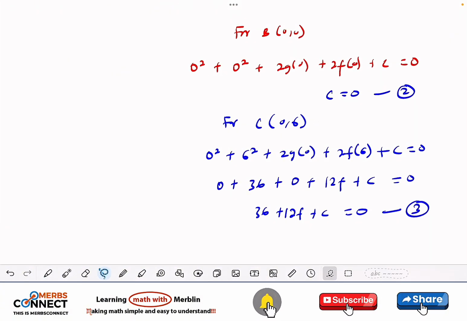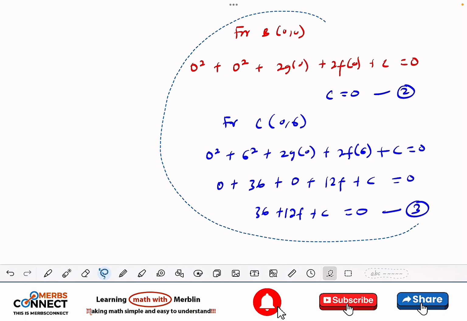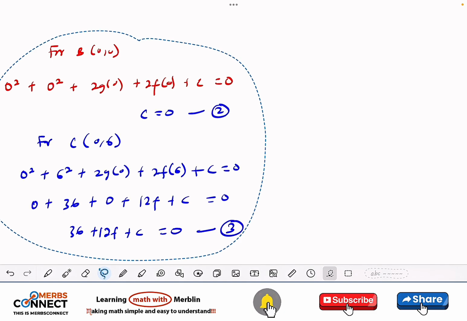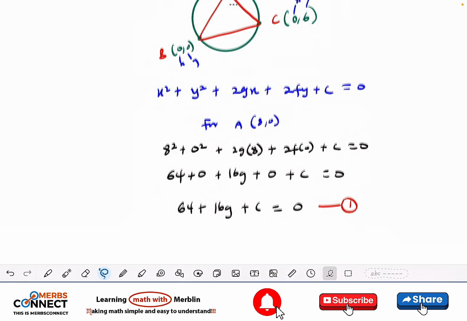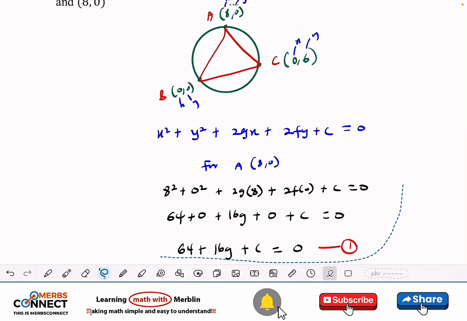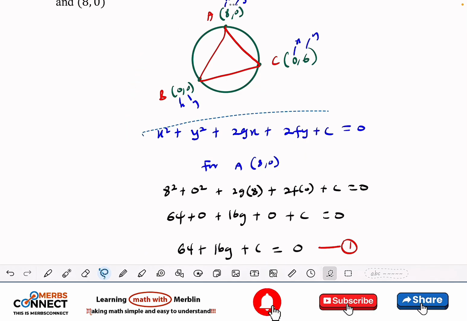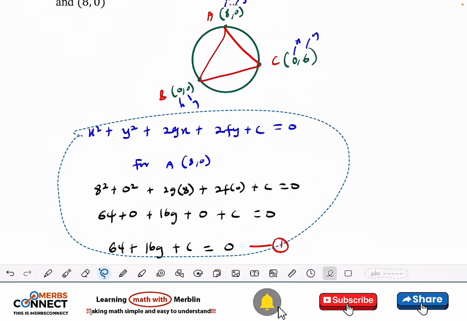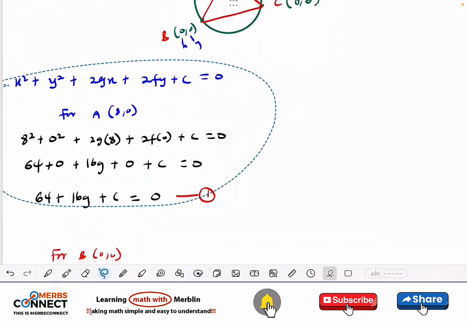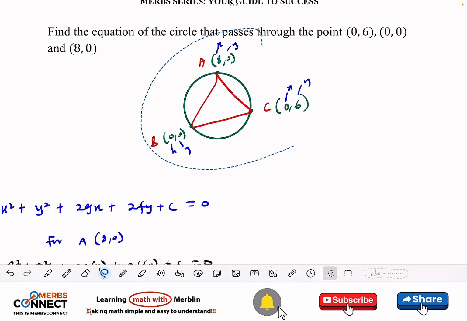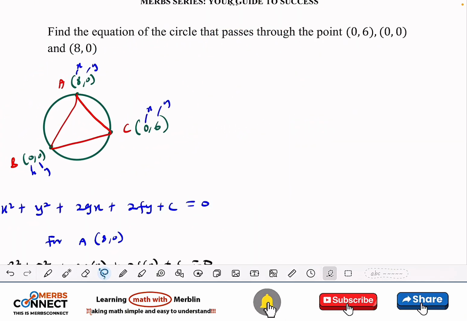Let me just shift them to the left, so that we can get space and write others there. Okay. Good. And let me put my circle equation here.